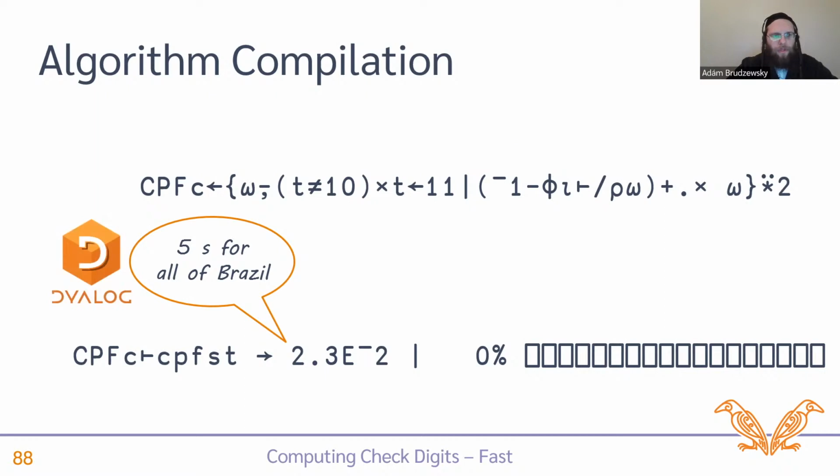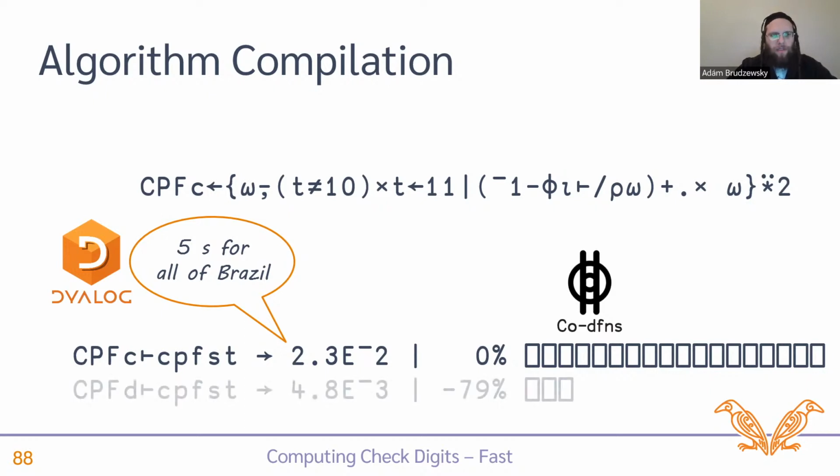So this is vanilla Dyalog APL running on a normal CPU in a single thread. I wrote to my good friend and colleague Aaron Zhu, who develops and maintains the Co-dfns project. And I asked him what kind of speed up could we see if we were to run this on a GPU compiled instead. And he tried it, and it's very significant actually.